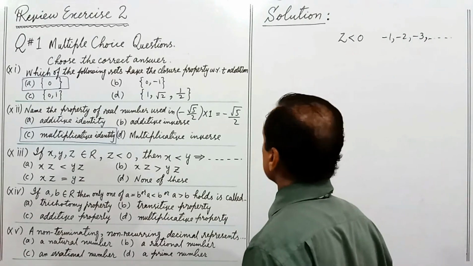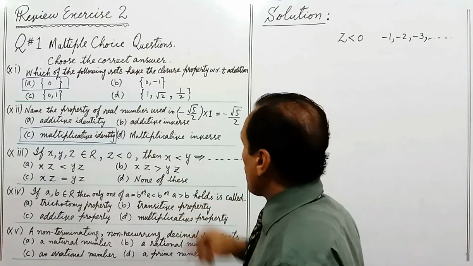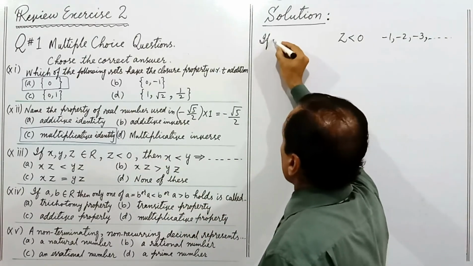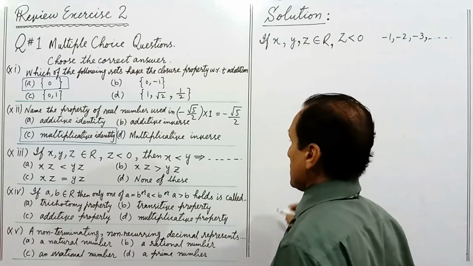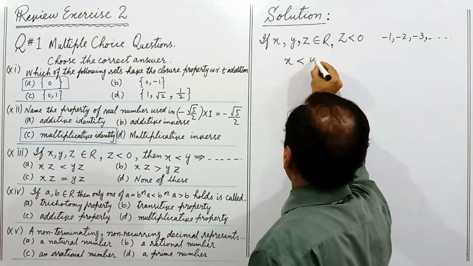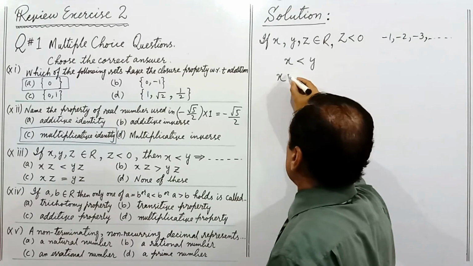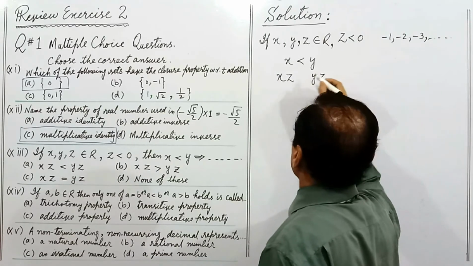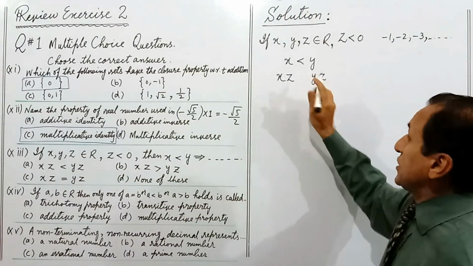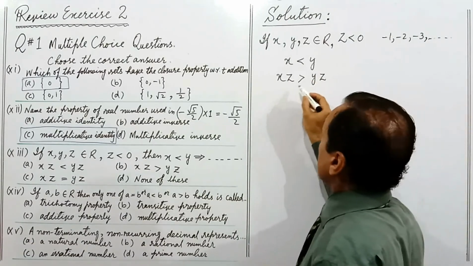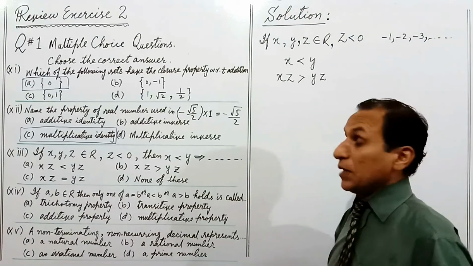It means if x, y, z belong to R, any three real numbers, and we have x is less than y, and a negative integer is multiplied to both sides of that inequality, xz and yz, then when a negative number is multiplied, the less than sign will change into greater than. That is the concept we read in the lecture on properties of inequality of real numbers.